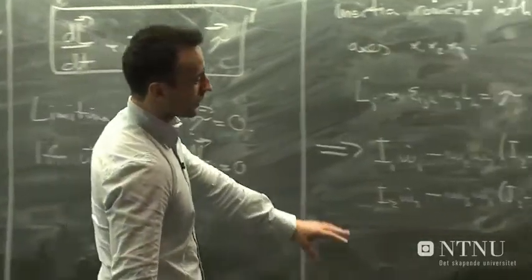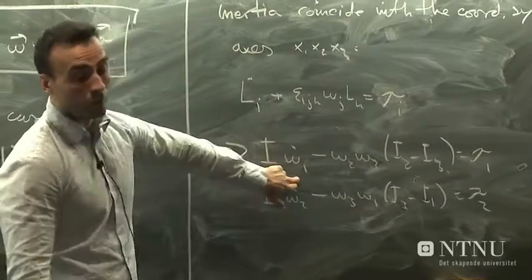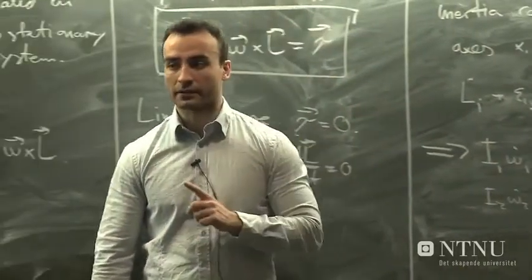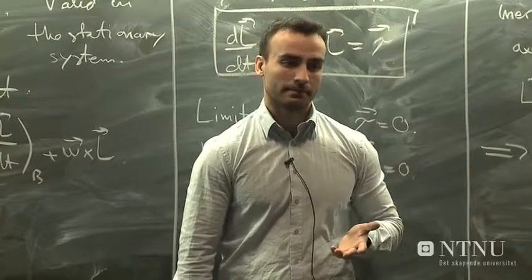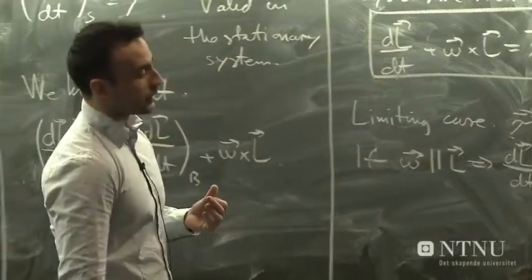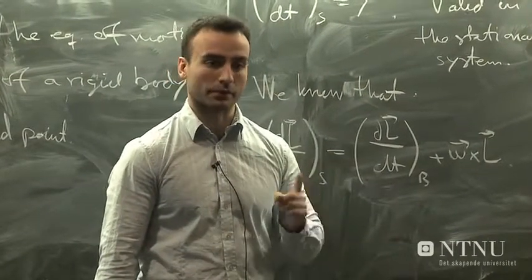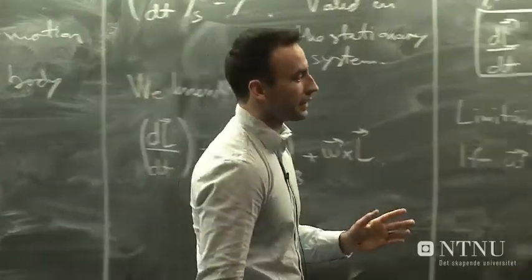So in this way, we have to solve these differential equations to find out how omega, how the angular velocity vector, develops with time. And if we know omega as a function of t at all times, then we know exactly how the body rotates. So that is the aim.